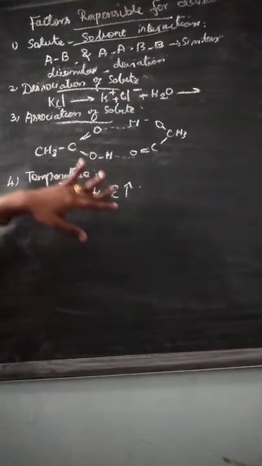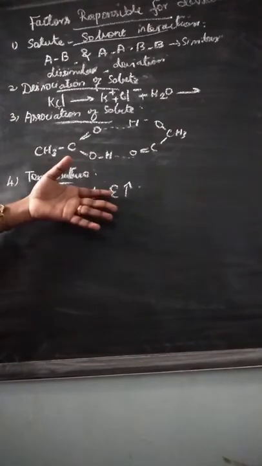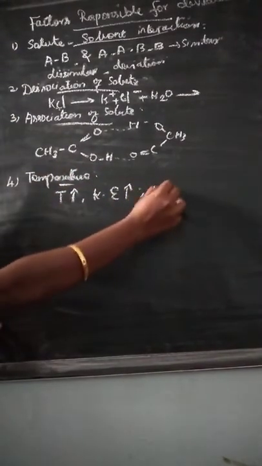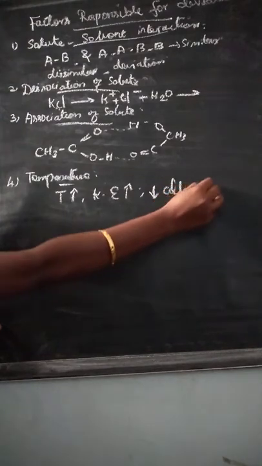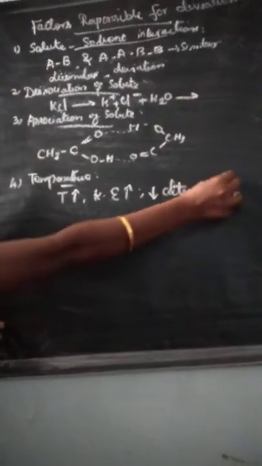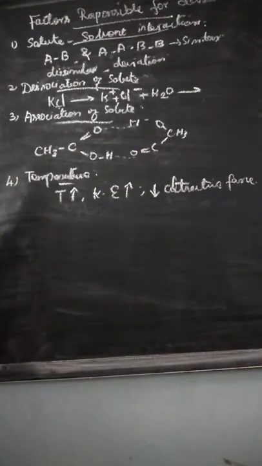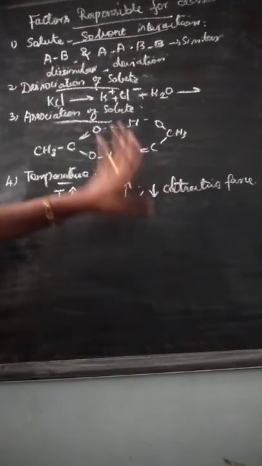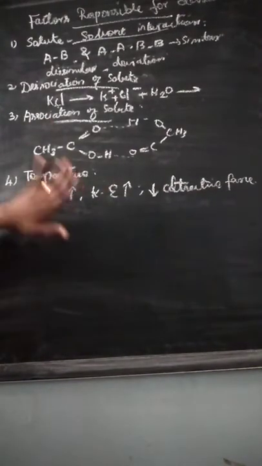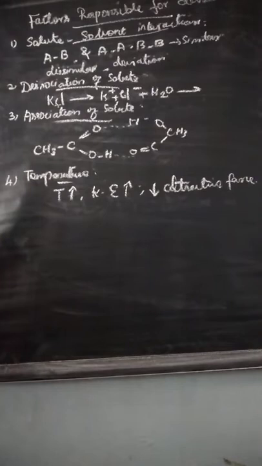Temperature increases, kinetic energy increases, so there is a decrease in attractive force. If attractive force decreases, here also there is a deviation from ideal behavior.